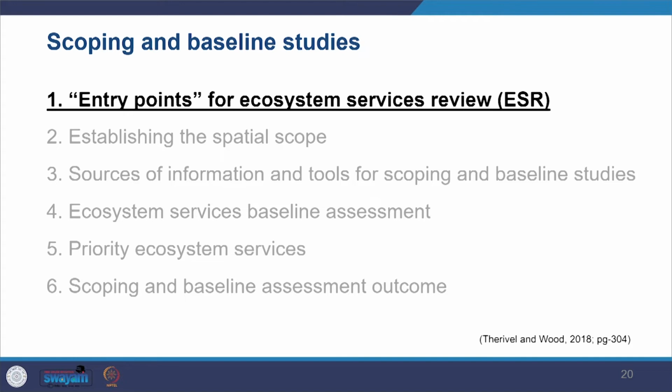You may select to start by mapping the proposed project activities and associated infrastructure against ecosystem services. So, you might look at various project activities, what the different ecosystem services are, and how they are being affected. You can map them, and you can start from there. That could be your entry point.